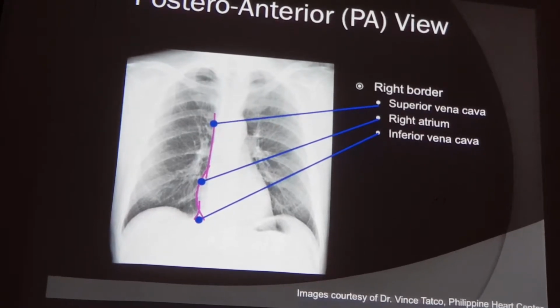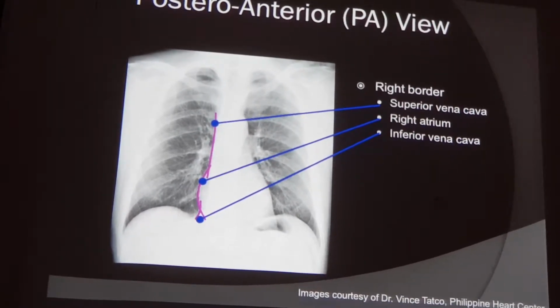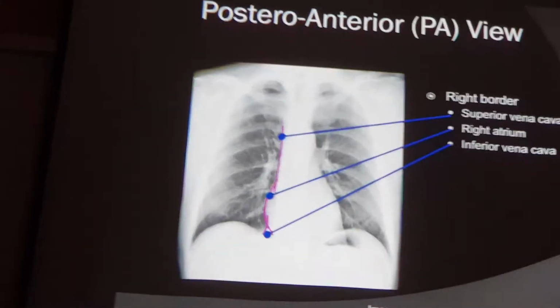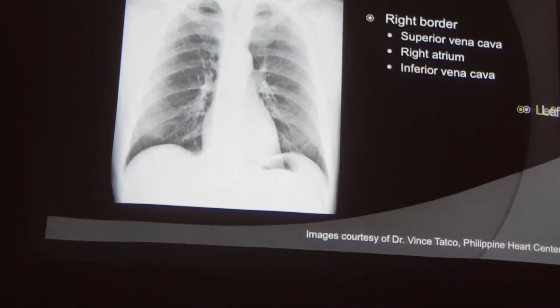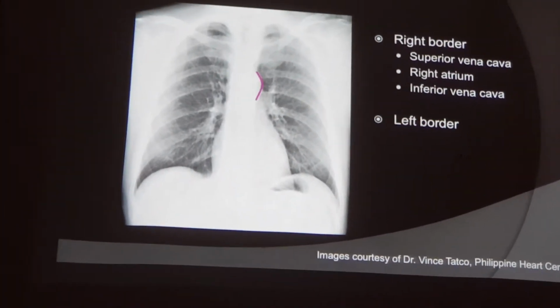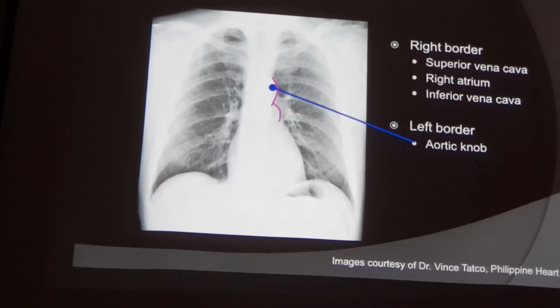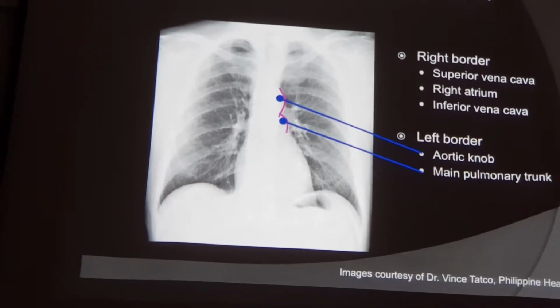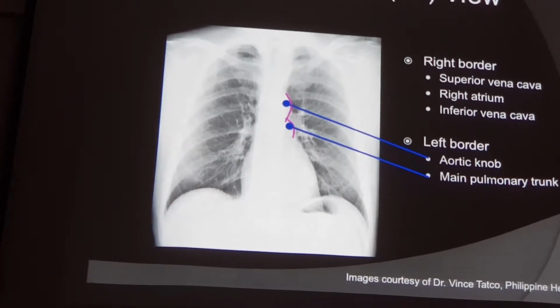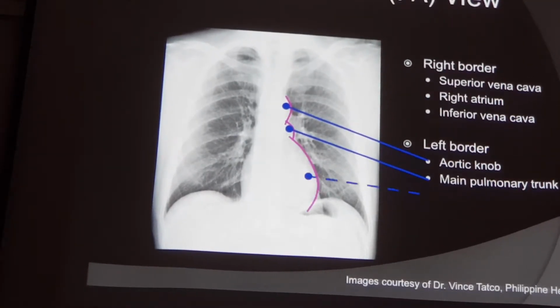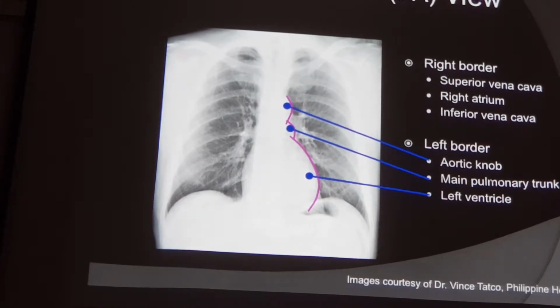You may or may not see the inferior vena cava. It may make an additional line there, inferiorly. For the left border, that part is the arch of the aorta, or what we call the aortic knob. You may or may not see the main pulmonary trunk. And the third part is made up of your left ventricle.